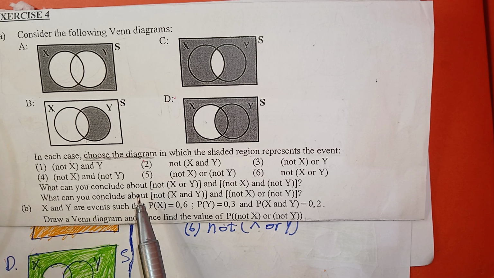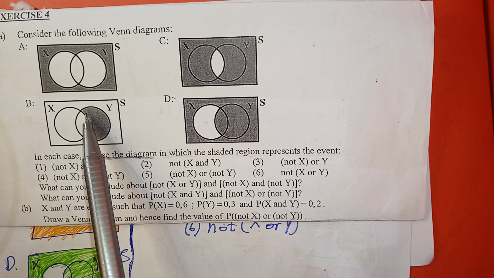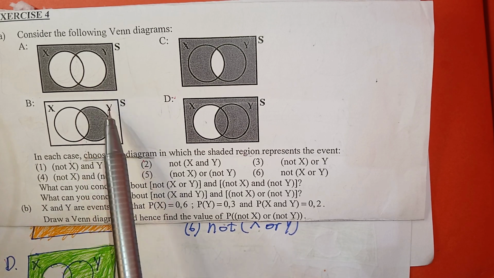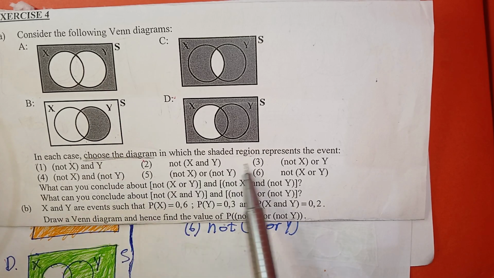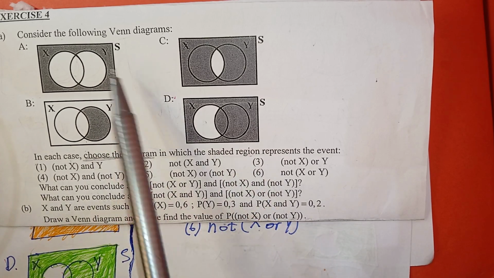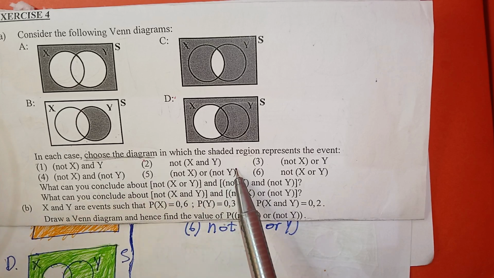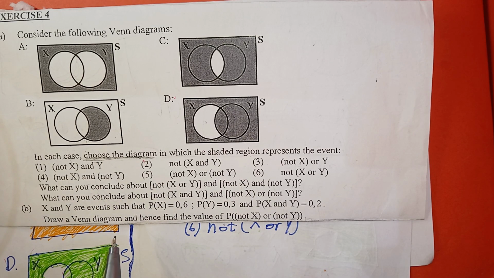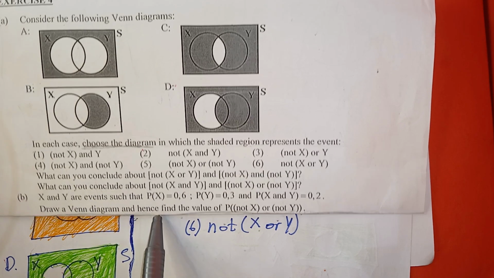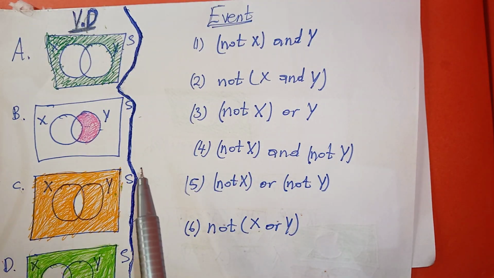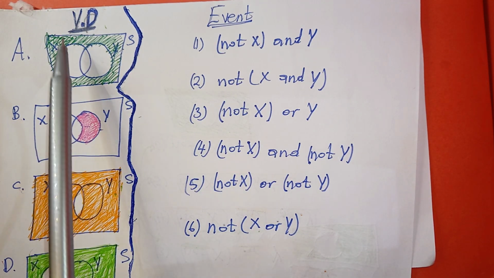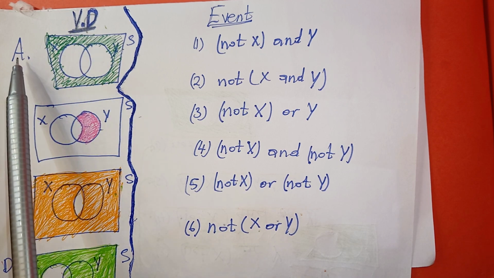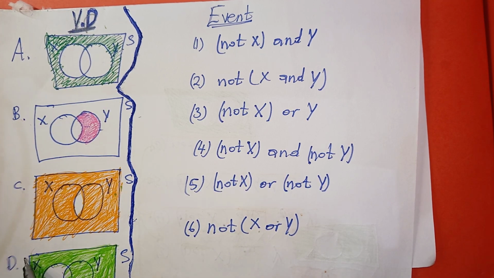What you have to do is choose the diagram in which the shaded part represents this event, meaning you will match the diagram to this event. When you write it down, it will look something like this, because you've got Venn diagrams A, B, C, D, and you've got this event.